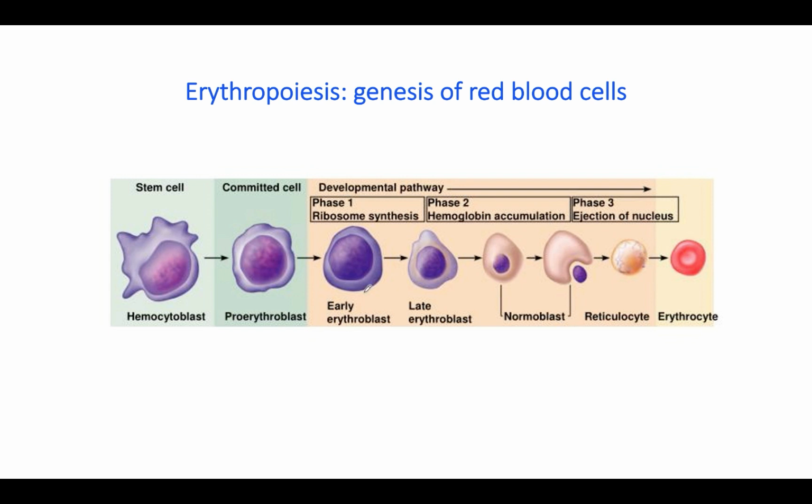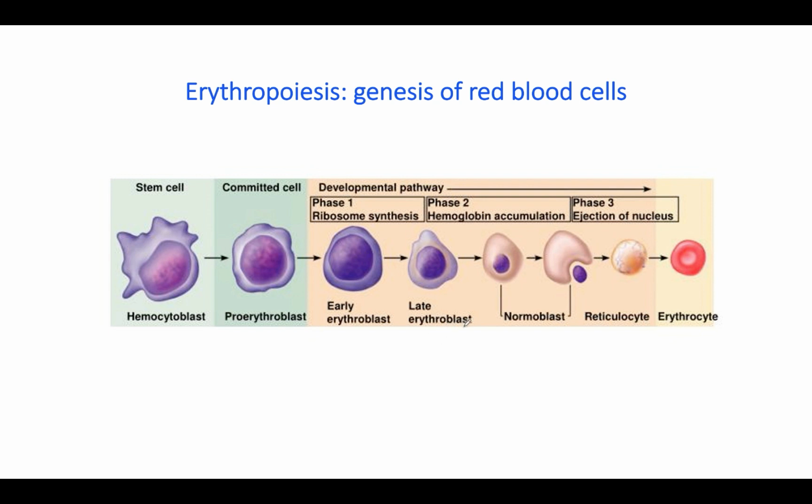This early erythroblast produces ribosome. Ribosome is the site for protein synthesis. From ribosome, hemoglobins start to be synthesized and accumulate.